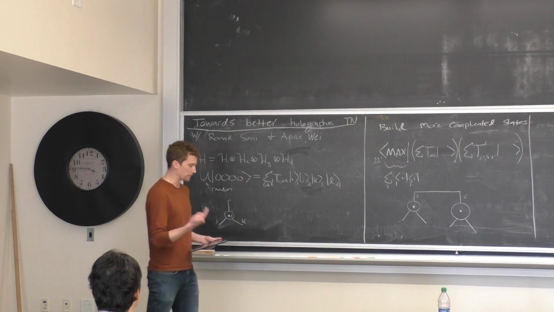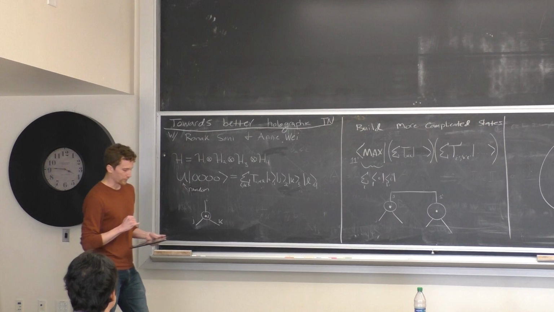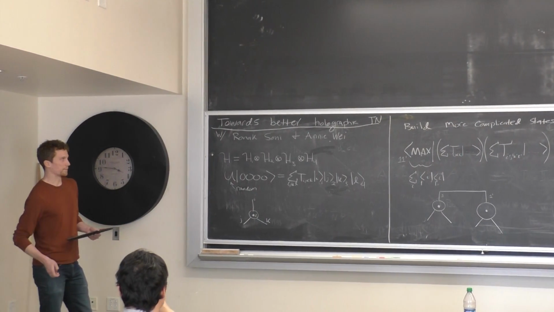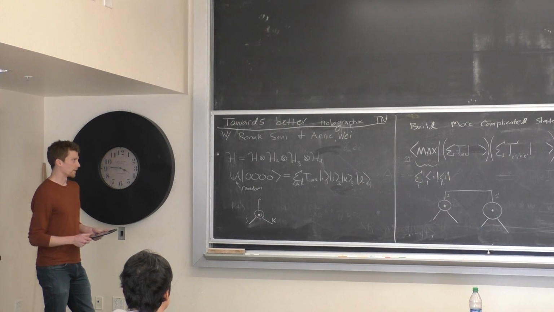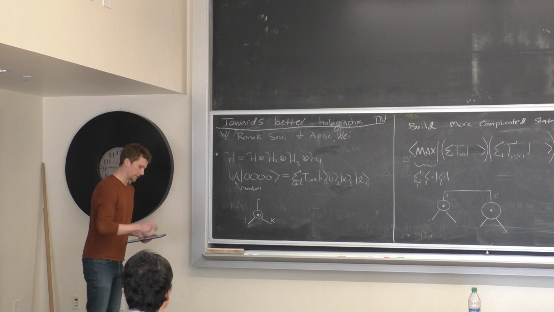One class of models that have been fairly successful at this go by the name of holographic tensor networks, and in particular random tensor networks that were written down in a paper by Patrick Hayden and other people from Stanford in 2016.